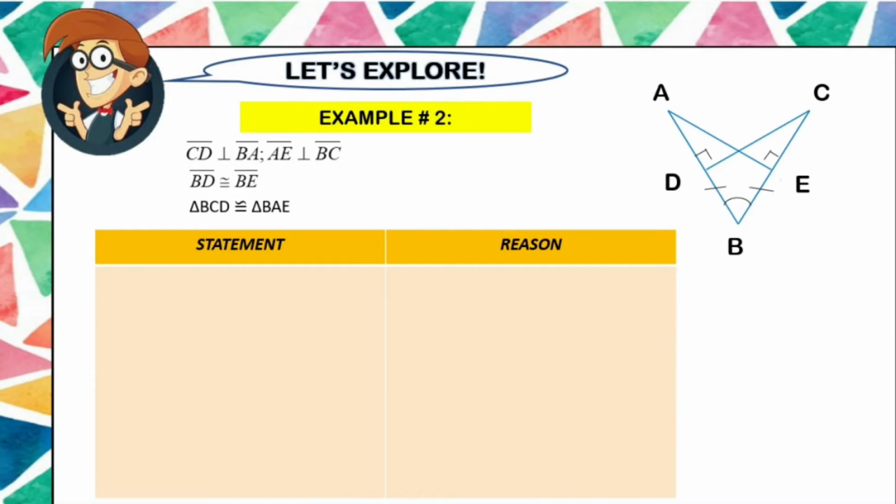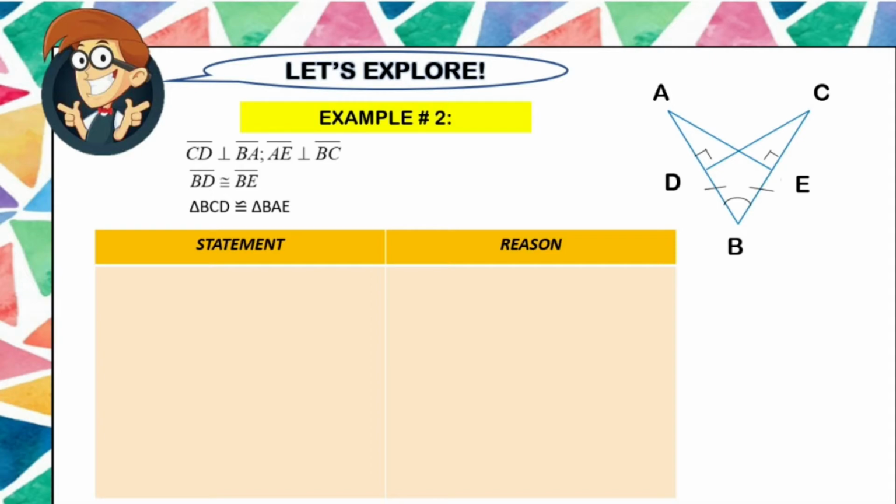For our next example, segment CD is perpendicular to segment BA. Segment AE is perpendicular to segment BC, and segment BD is congruent to segment BE. Let us prove triangle BCD is congruent to triangle BAE.